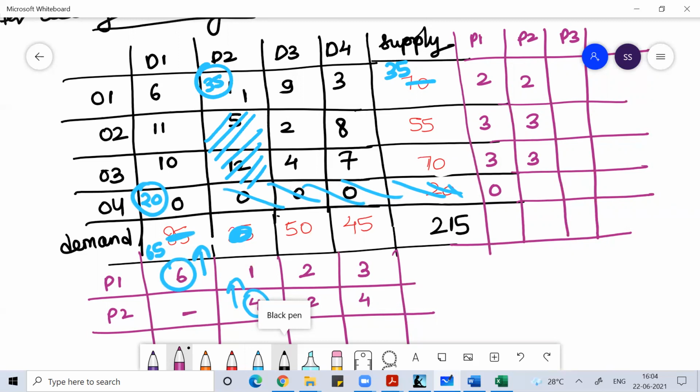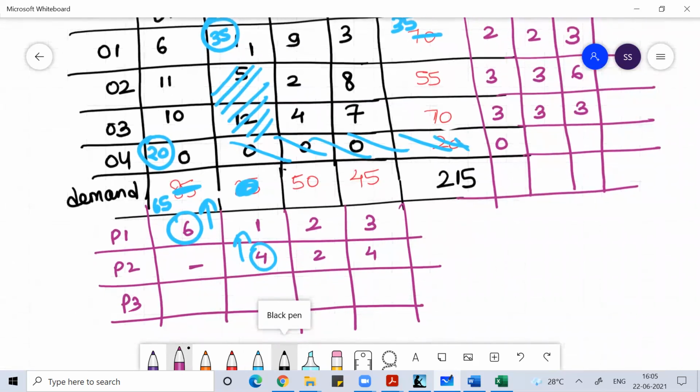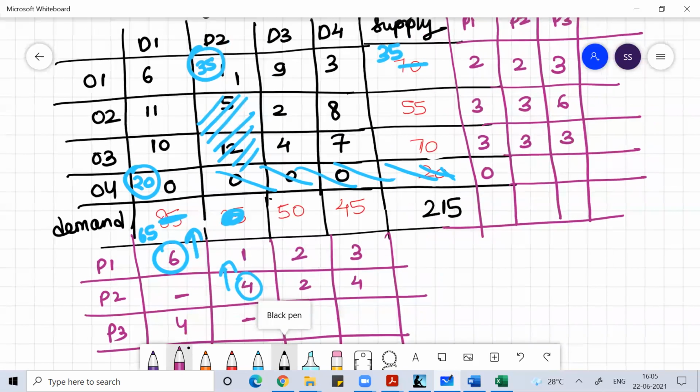So this is 3, this is 3. This is 6, this is 3. This is 3. Then the third one: if you find the third penalty, this is 4, then this is done.